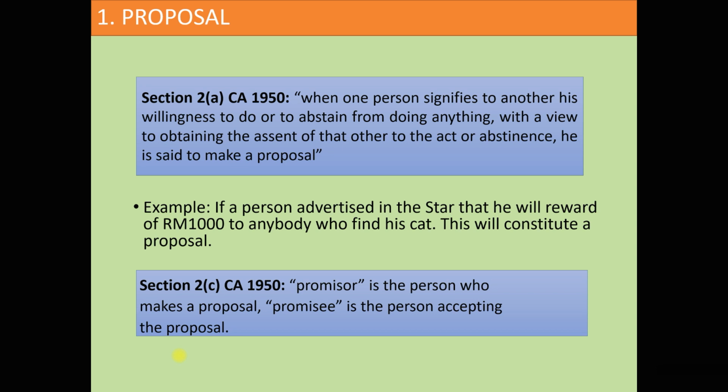Okay, the first essential element is proposal. Right. So what is meant by proposal? The legal definition of proposal is stated under section 2(a), Contract Act. After this I will just say CA, which stands for Contract Act, right? What this provision says is that a proposal is when one person signifies, the keyword here, I will underscore this, signifies, right?